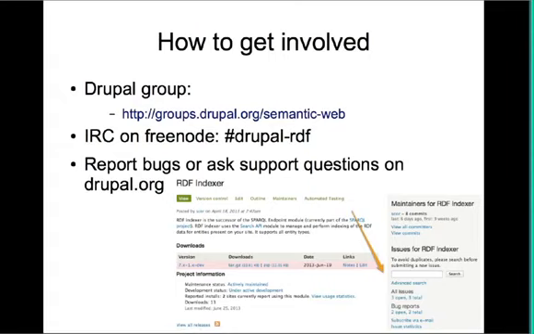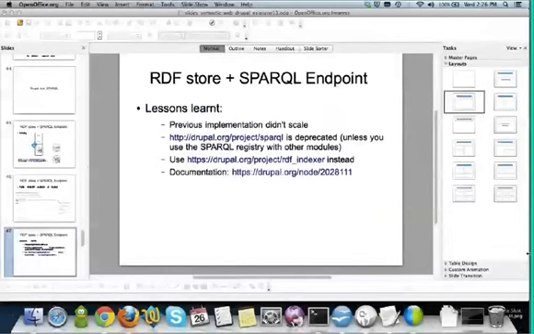You can also chat on Drupal-RDF on IRC, and each module has a queue system for bugs and support questions on Drupal.org. So if you go to, say, the RDF Indexer module, you will see on the right sidebar there are links to access the issue queue, where you can find all the bugs that we know about.